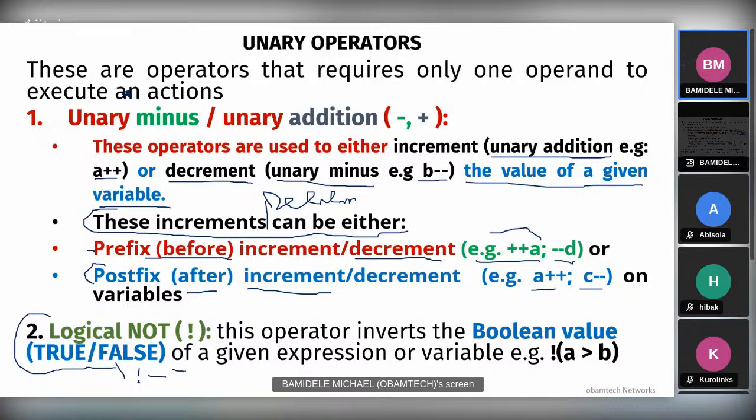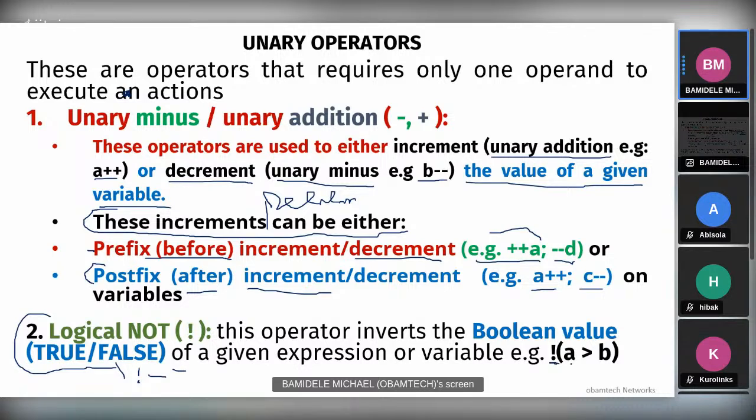So it's just like opposite words. Okay, you can use it like that. For example, this is an example. The expression inside this bracket will be executed first. And whatever result is there, the logical not will invert it, will give the opposite.